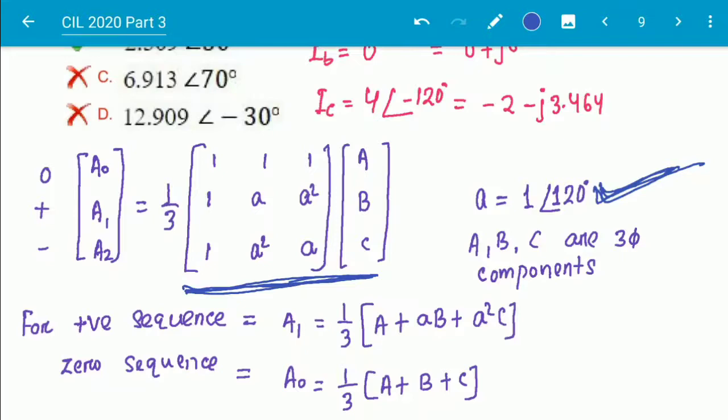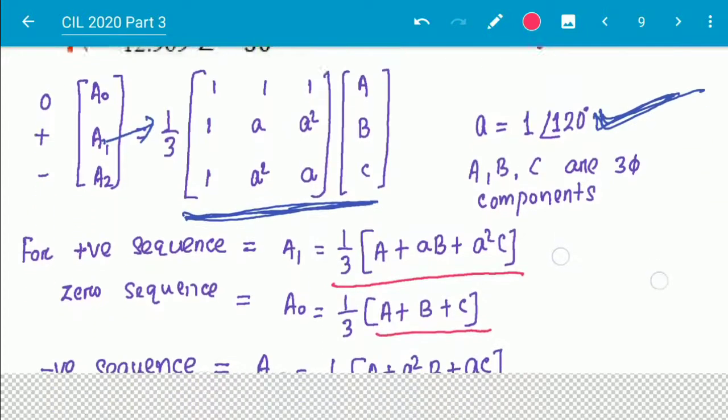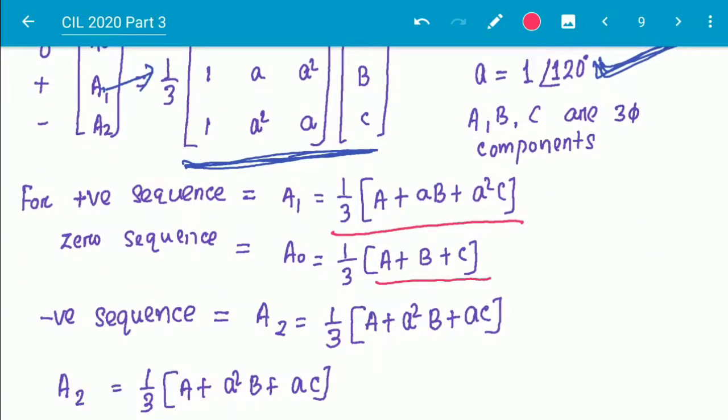For positive sequence, A1 is given by 1 by 3 whole into capital A plus small a into B plus a square into C. Zero sequence is given by adding all, A plus B plus C by 3, and negative sequence A2 is given by capital A plus a square B plus a C.